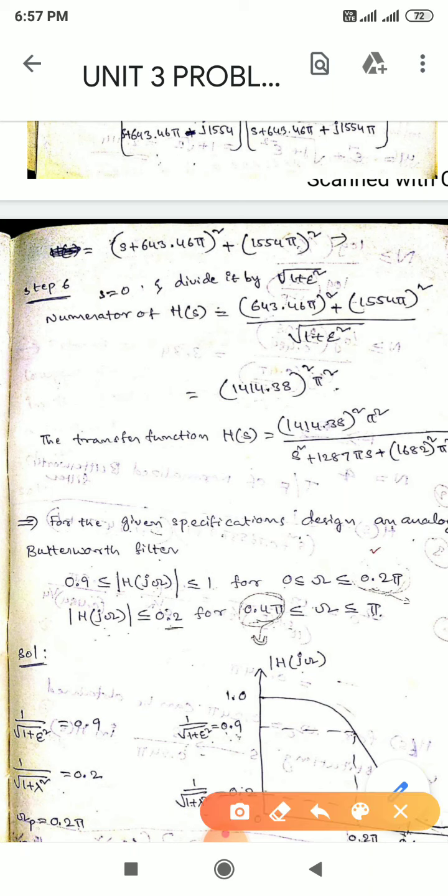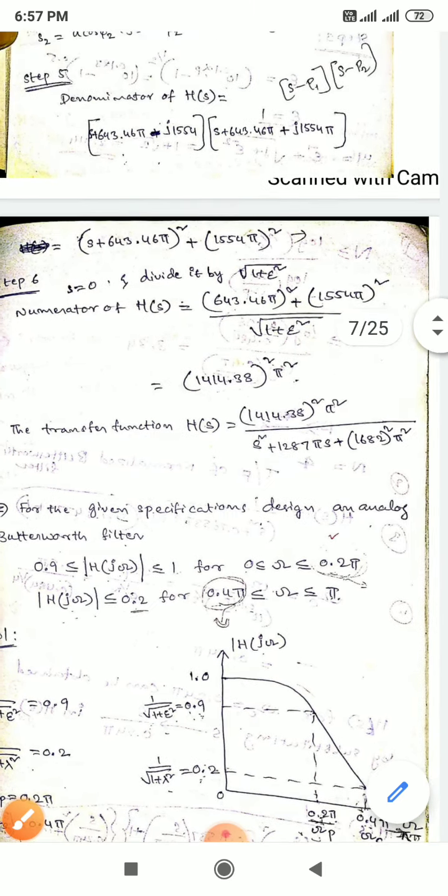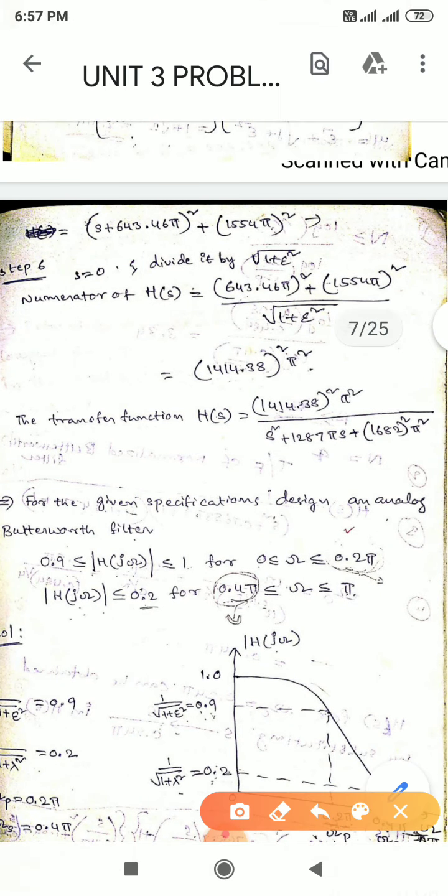Then we are determining the transfer function H of s. How to represent the transfer function of H of s? Numerator polynomial divided by the denominator polynomial. Already we have calculated the numerator polynomial and we are substituting it here. This is the numerator polynomial divided by the denominator polynomial of H of s.